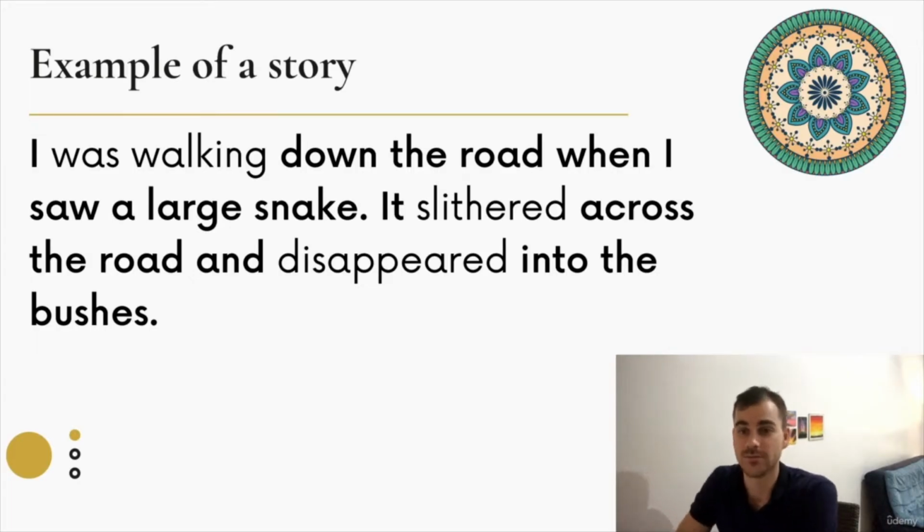Here's an example of a story. I was walking down the road when I saw a large snake. It slithered across the road and disappeared into the bushes. Look at the verbs. The first verb is a continuous tense. I was walking. But the second and third are past simple.